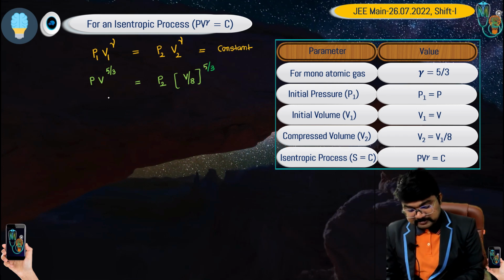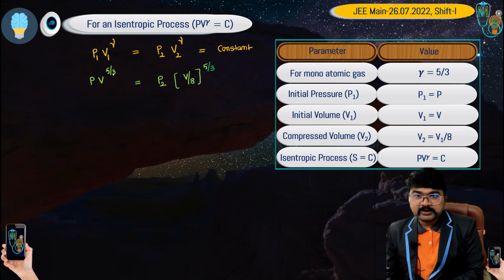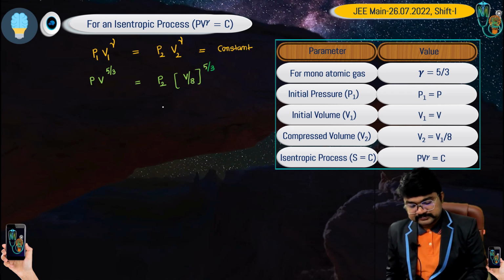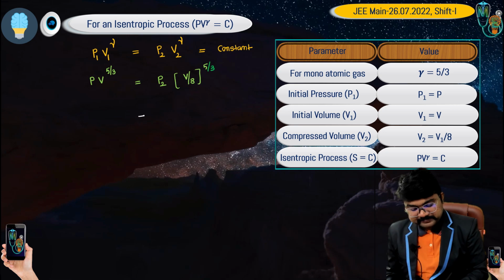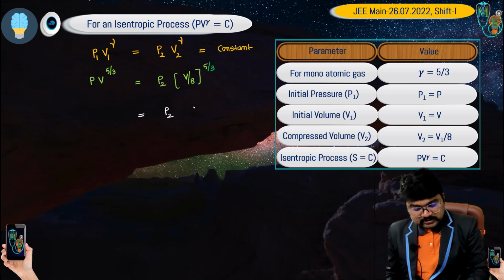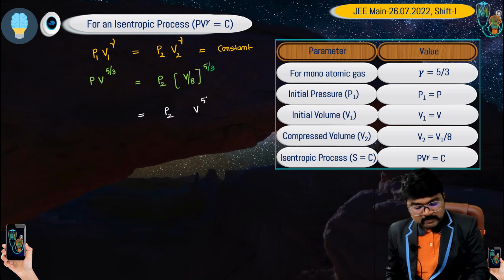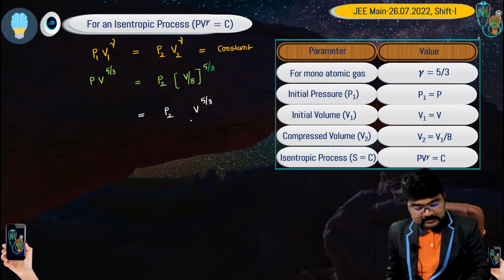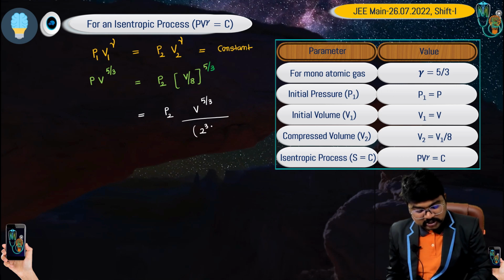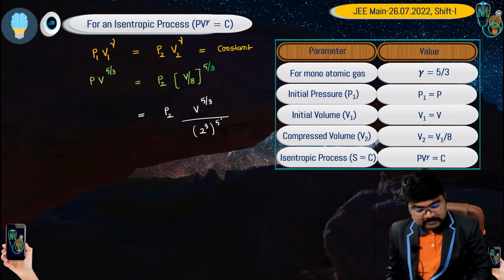Here it is P V power 5 by 3 equal to P2 V by 8. Here I can say that this would be P2 V power 5 by 3 by, I can write it as 2 cube, power 5 by 3.